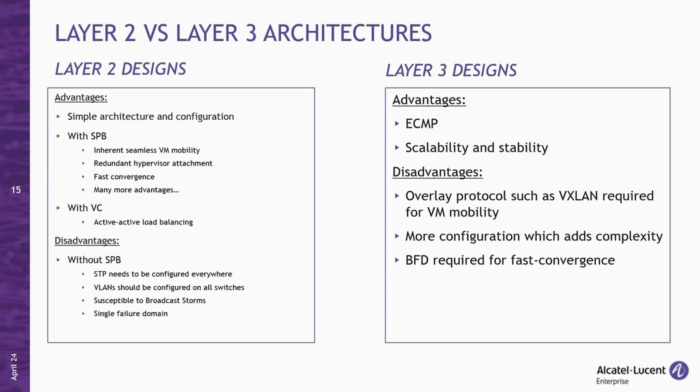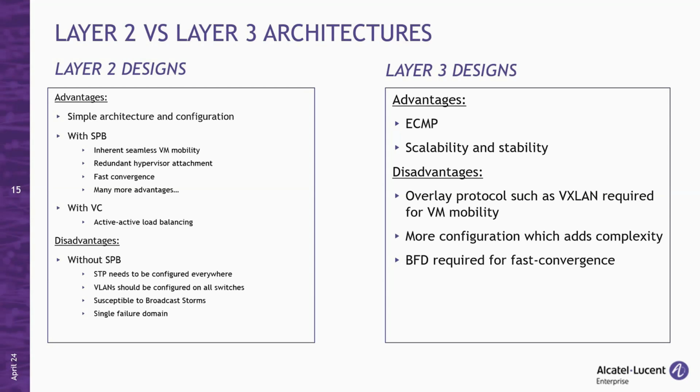In case you're using a layer 3 design, of course, it doesn't have the disadvantages of the layer 2 designs. It has better scalability and stability, and you can use ECMP between the leaf nodes towards the spine nodes. Disadvantages: of course, you can use an overlay protocol in case you need VM mobility.